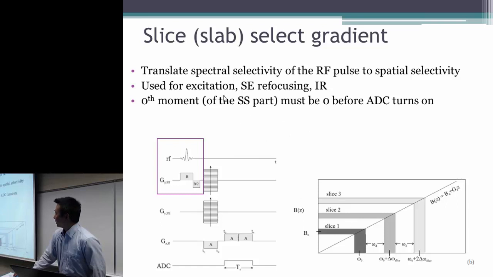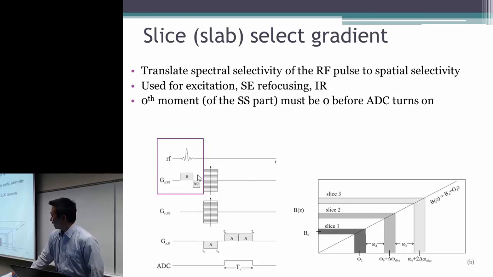So usually this slice select gradient is used for the excitation or for the refocusing RF pulse in spin echo, or the inversion recovery if we want to do the selective inversion recovery. When designing the slice select gradient, we must make sure that the zeroth moment of the slice selection part must be 0 before the ADC turns on.